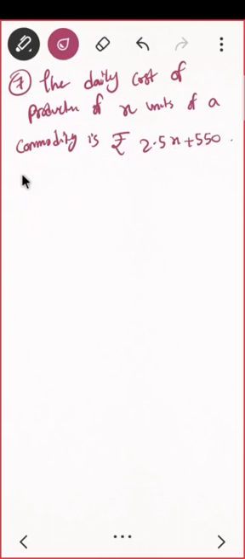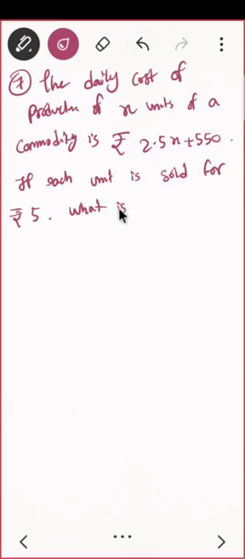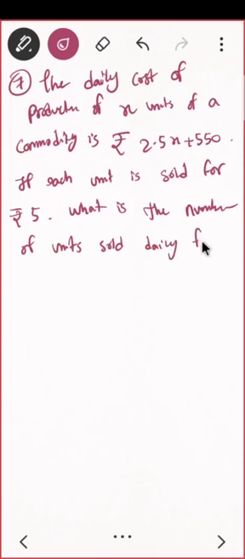If each unit is sold for rupees 5, what is the number of units sold daily for ensuring no loss?